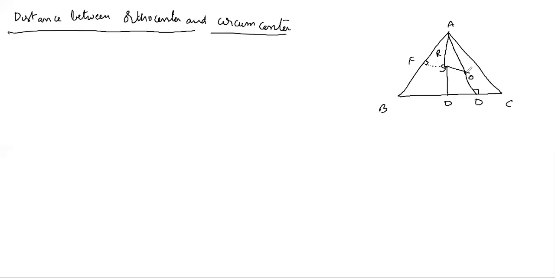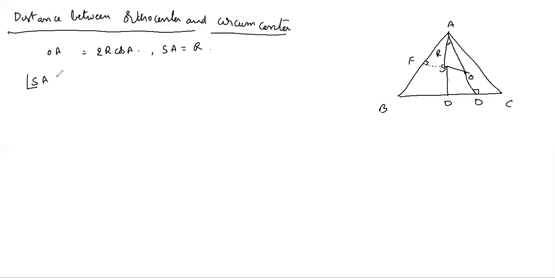And the orthocenter to vertex distance we already found: OA equals 2R cos A. Similarly 2R cos B. And SA is R. So if we know angle SAO, we can apply the cosine rule to find the SO length. So what is the angle SAO?